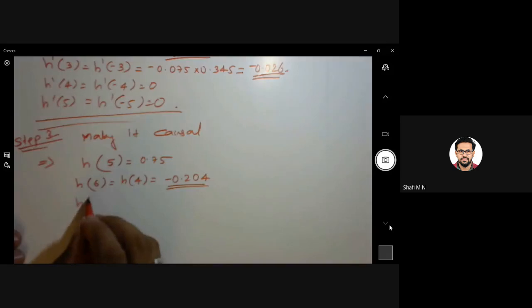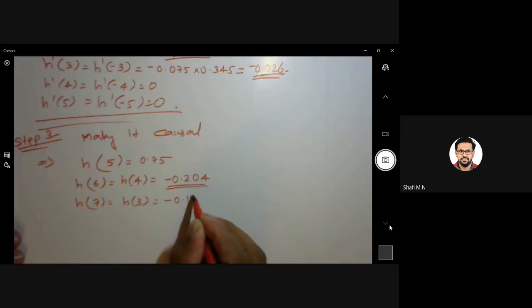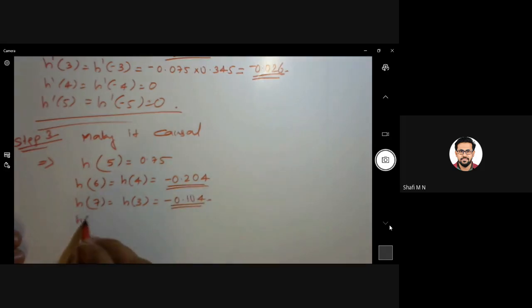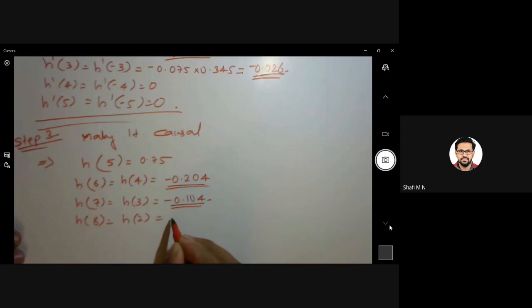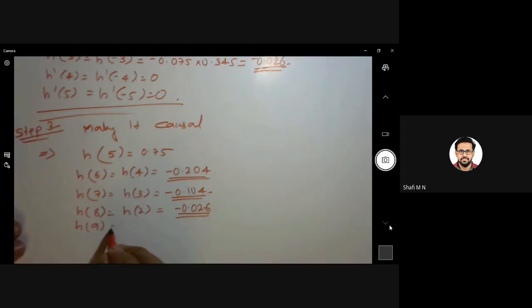And h of 7 equal to h of 3, that will be -0.104. h of 8 equal to h of 2, that is minus 0.026. Then h of 9 equal to h of 1 equal to 0. Then h of 10 equal to h of 0, that will be equal to 0.